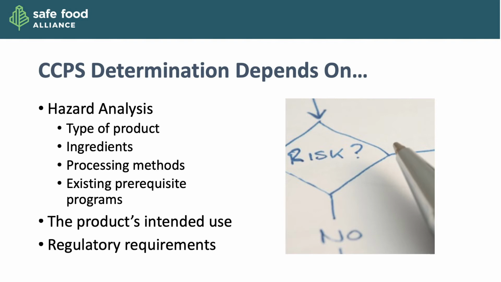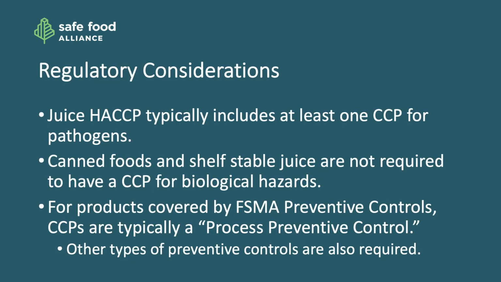Also, another factor is make sure that we are following regulatory guidance and requirements in some cases, such as juice HACCP, meat and poultry HACCP, seafood HACCP, and FSMA regulations. So talking about regulatory requirements and considerations and guidance from either the Food and Drug Administration or the USDA.